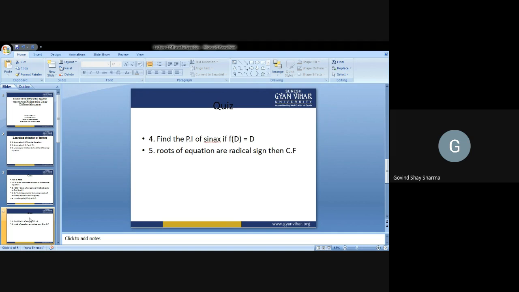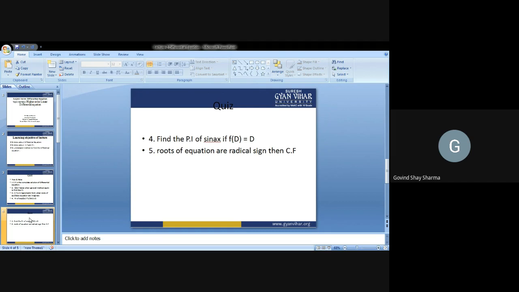Now the special case is when the PI is cos and sine terms, x to the power m term, e to the power alpha x term, and the multiplication of e to the power alpha x with a variable function of x. The method of this function I already told. When Qx is e to the power alpha x, then we replace D with alpha.